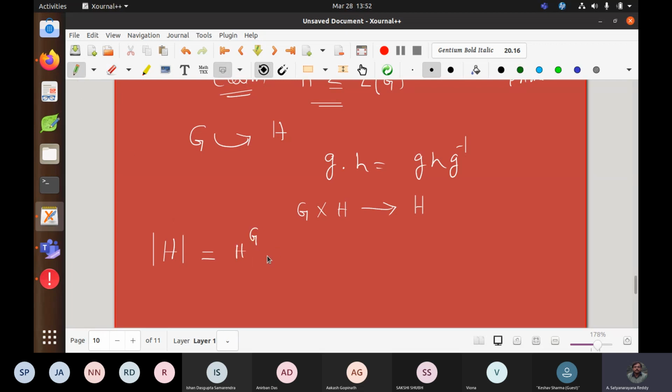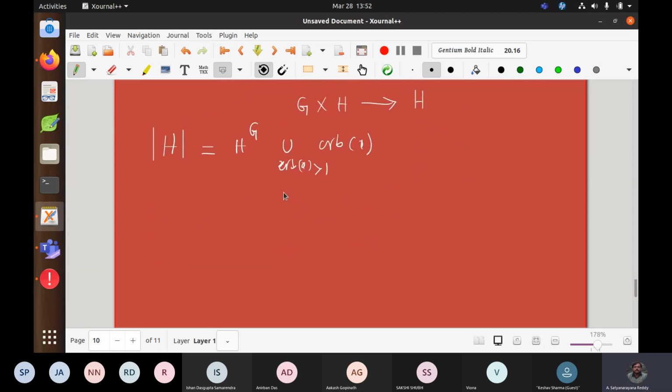So H^G, what is H^G? Remember, I'm going further: the union of orbits of X with orbit size greater than 1. What is this H^G? It is the set of all elements which are fixed by every element of G. Is it empty or non-empty?